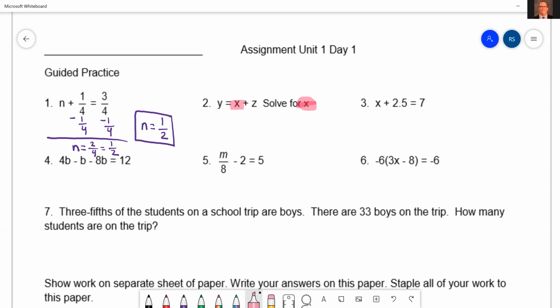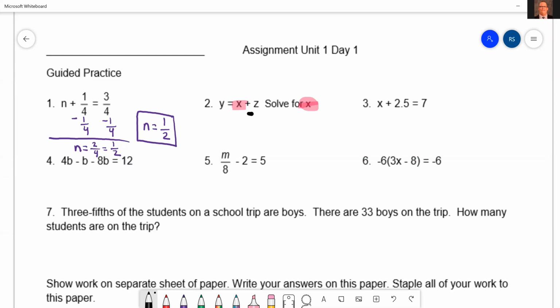When it says to solve for that variable, that means to get that variable by itself. So what do we have to do to get x by itself? Since this says plus z, we have to do the opposite. We have to say minus.